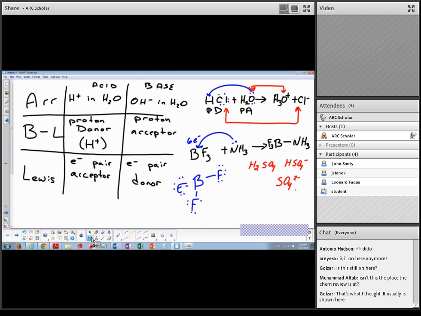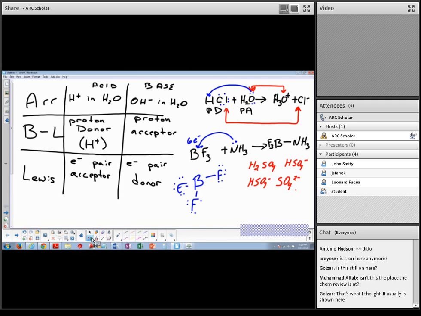In which case, what do I get? I get these two, H2SO4 and HSO4 minus, and then HSO4 1 minus and SO4 2 minus. They're also conjugate acid base pairs. What about H2SO4 and SO4 2 minus?